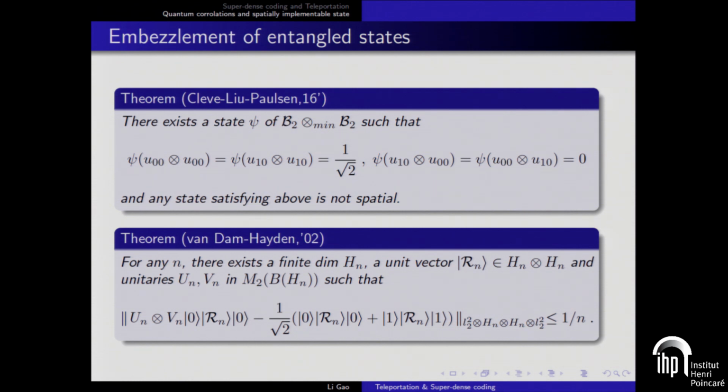What they observed is called embezzlement of entangled states. Mathematically, I formulate it like this.